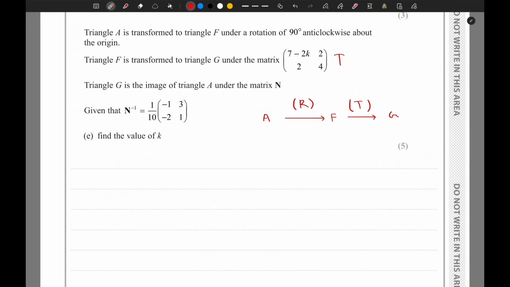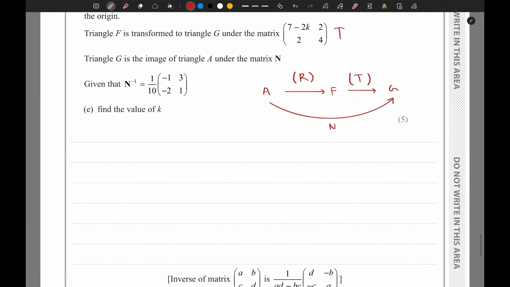Now triangle G is the image of triangle A under the transformation, under the matrix N, which means if you multiply A by the matrix N, you'll get the triangle G. Given that N inverse is this, find the value of k.